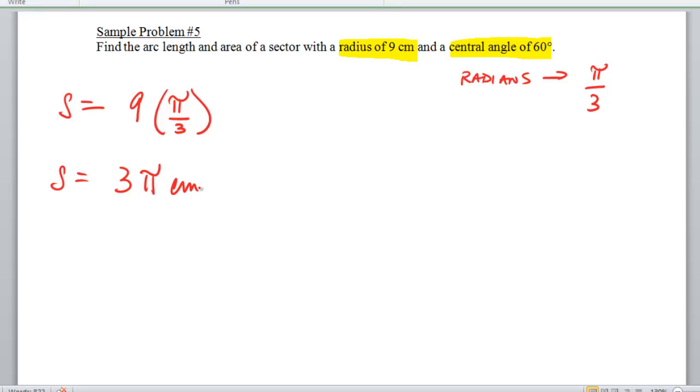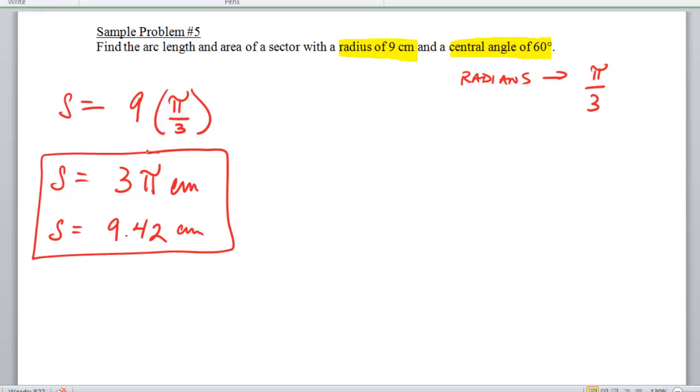I can take this and also put it into my calculator if you like, and you can get a value of 9.42. And so this is in terms of centimeters, since the radius is given in terms of centimeters as well. And so either one of these answers is acceptable depending on what the directions ask you to do.